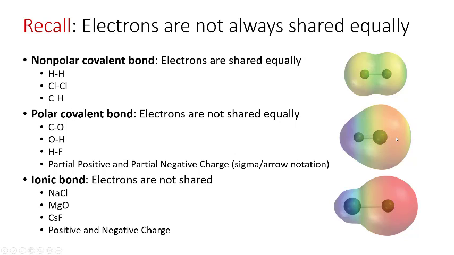If you have a highly electronegative atom that is bonded to a low electronegativity atom, the electron density is going to be located over the highly electronegative atom. And so what you have left there is a partial negative charge around the highly electronegative atom and a partial positive charge around the lower electronegativity atom. Conversely, a nonpolar covalent bond is bonding between two atoms of similar electronegativities, such that the electron density is shared equally between the two.